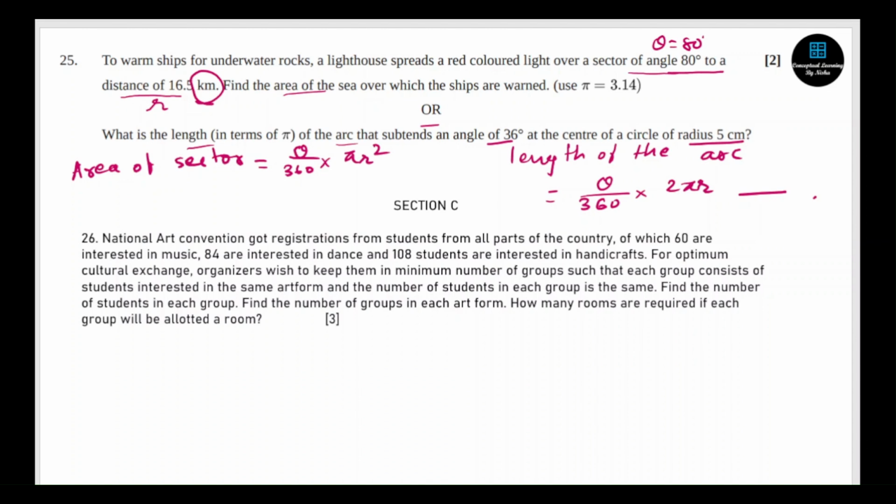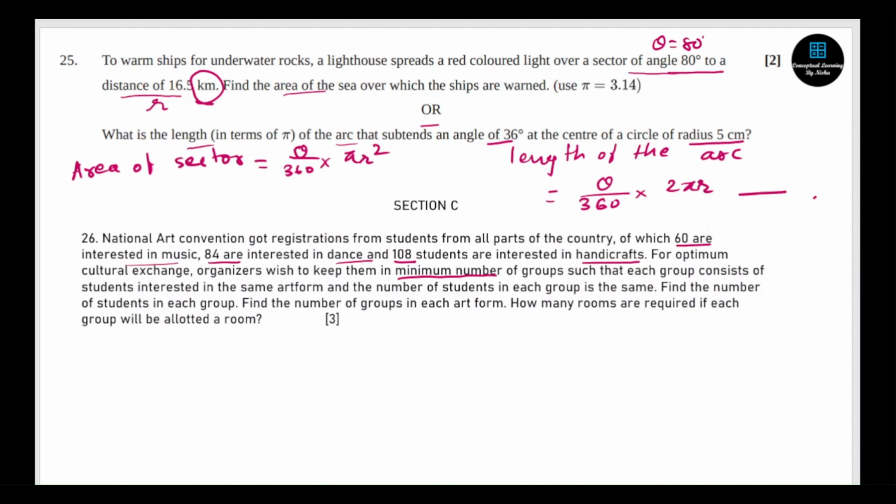Okay. Now here, read this question carefully. Here, if you see, 60 are interested in music, 84 in dance and 108 students are interested in handicrafts. And you have to find the minimum number of groups which can consist of the students. Okay, fine. So that is nothing but clear cut: you have to find the HCF.